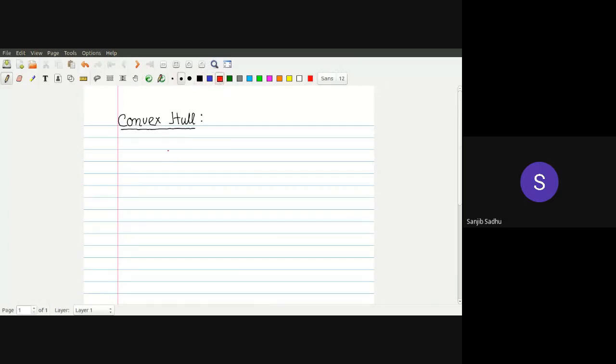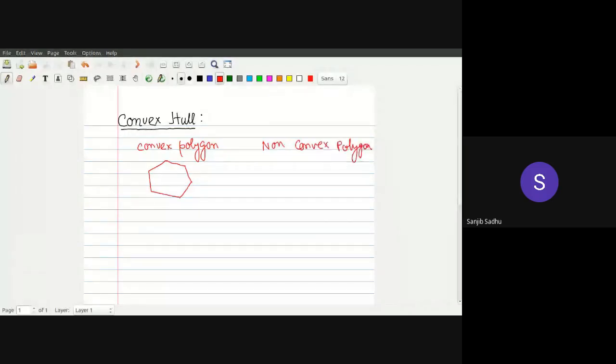So I am asking before convex hull, suppose a polygon whose internal angles are not acute. So this is the convex polygon, you see, and this is a non-convex polygon.